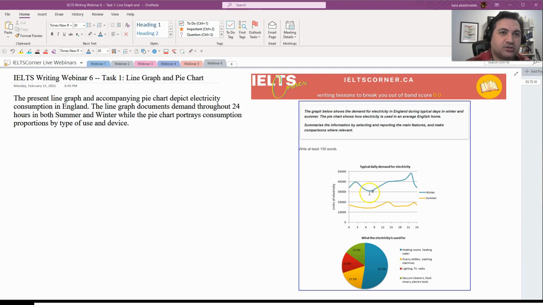But as you can see, summer is between 10 and 20,000. And it's just in that channel. It doesn't move from there. Okay, so one key feature is winter consumption is significantly higher than summer consumption, without any exception. Okay, what else?